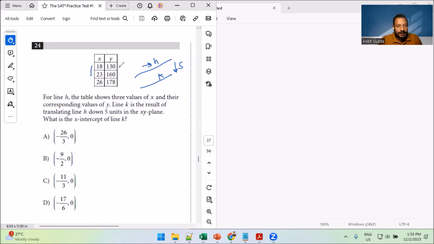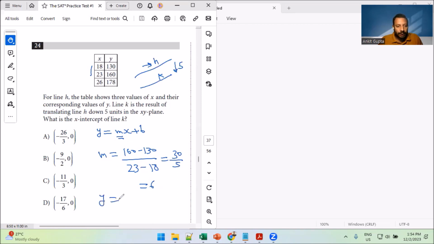3 points are given to us. We will use the equation y is equal to mx plus b to solve this. Let's find the value of slope. We know the value of slope as difference of the y coordinates, so 160 minus 130 divided by difference of the x coordinates. So this will become 30 by 5 and will be equal to 6. We can substitute the value here.